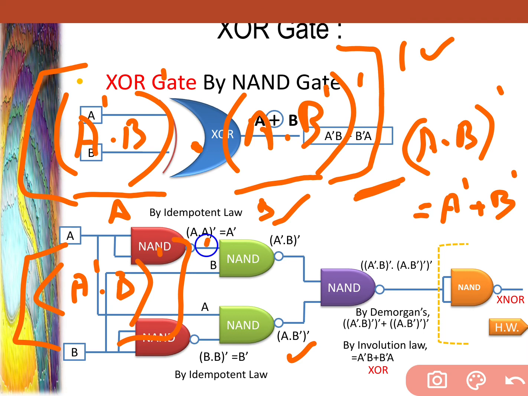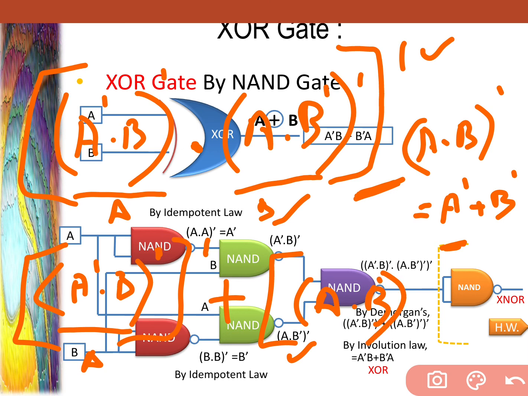Again dash is coming because, see, A dash means this one is A for us and this one is dash, plus again I'm using B. B is A dot B whole dash.